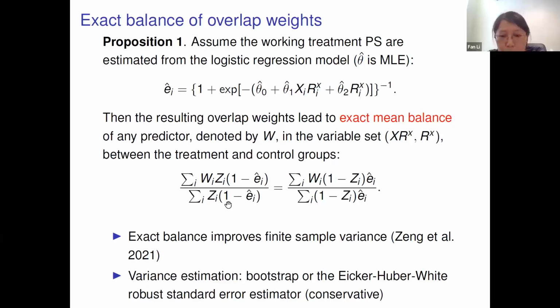Again, this is just the form. The point is that by using overlap weights, you get the exact mean balance.